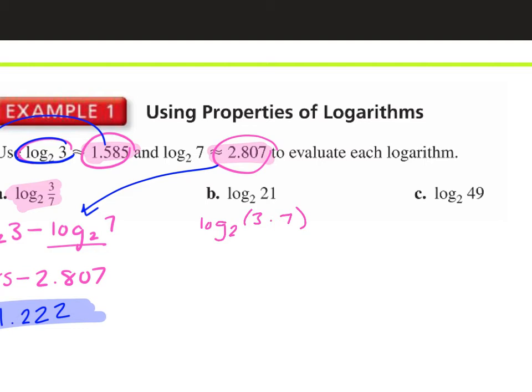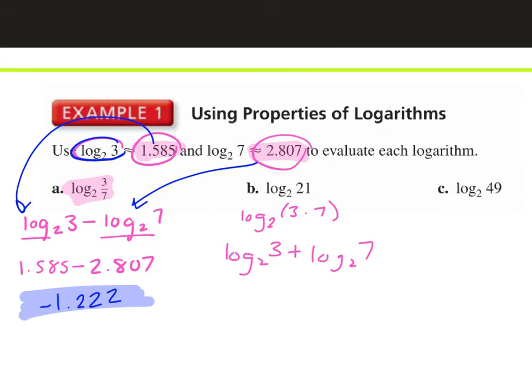So if we're multiplying 3 times 7, how can we expand this? You add. Awesome. We add them. So log base 2 of 3 plus log base 2 of 7. Now we can take our log base 2 of 3, which is 1.585, plug that in there, and our log base 2 of 7, and plug that one in there.